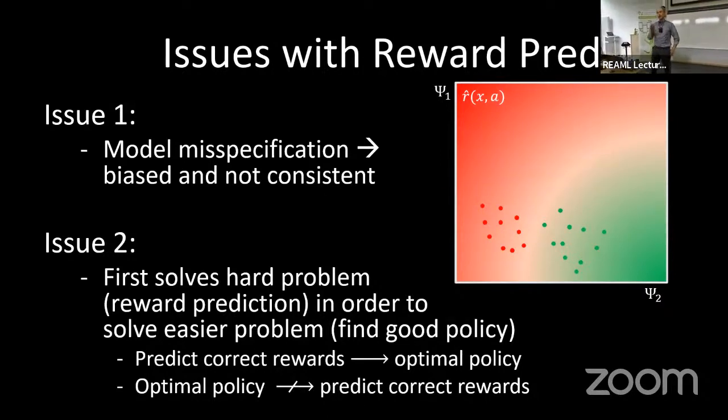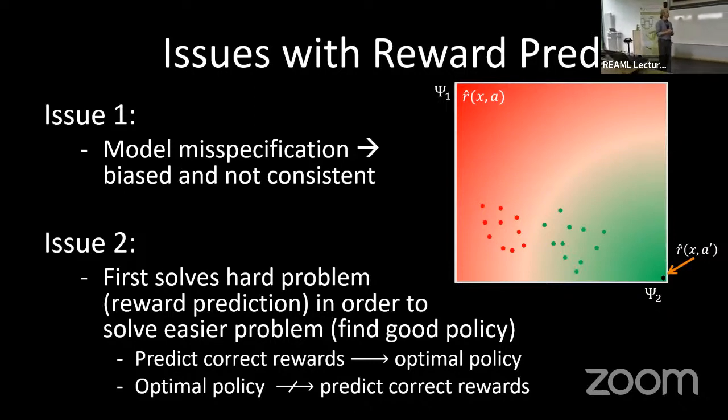Now if we ask, what's the best action to take? Well, the best action to take is that thing down in the corner there, which we don't have a lot of evidence for. It's pretty far away from where we have data, and it really depends on how our model extrapolated.